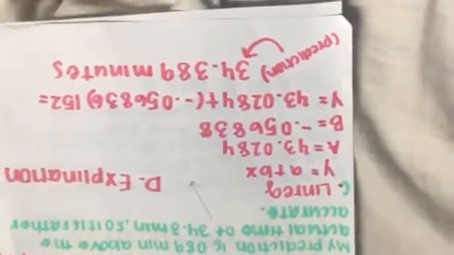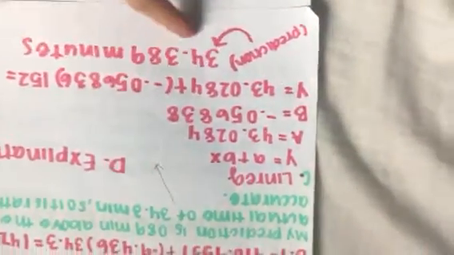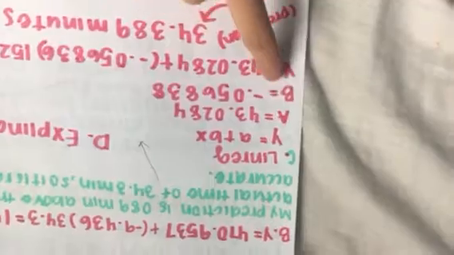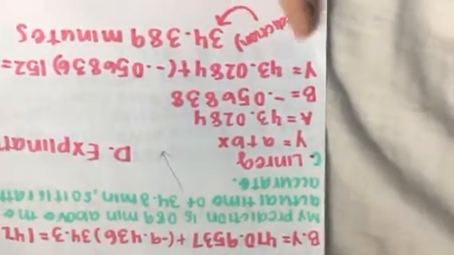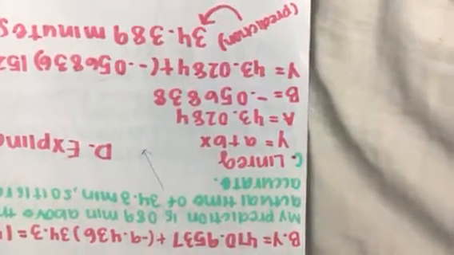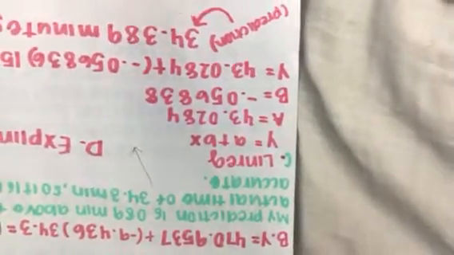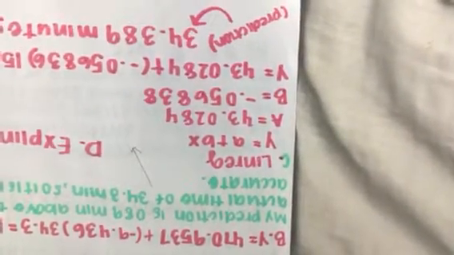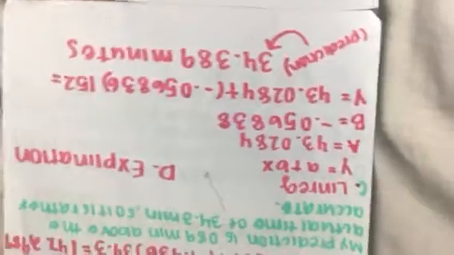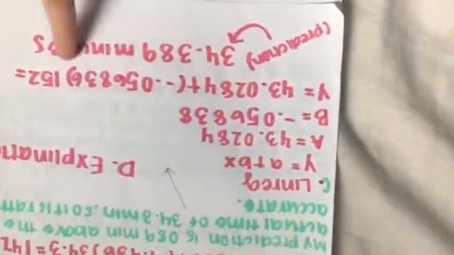What this would do is it would flip the Y and X values, and it will give you a whole new set of data, which we have right here. We have a new A and B value. Y is now going to be representative of the time value, and X is going to be representative of the pulse value. So after you do that, you get this equation.